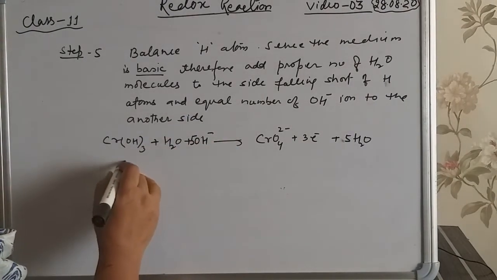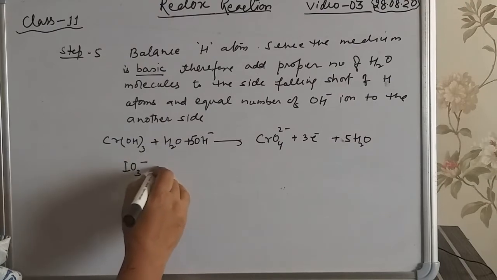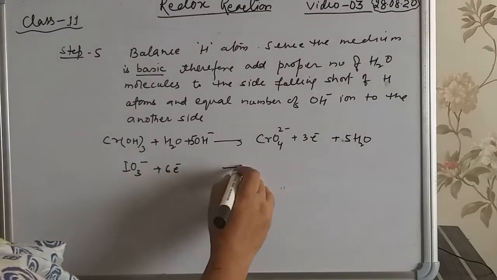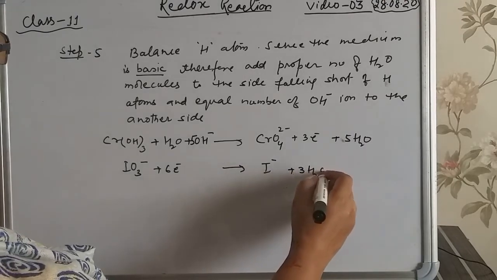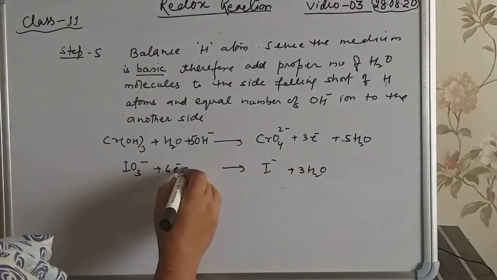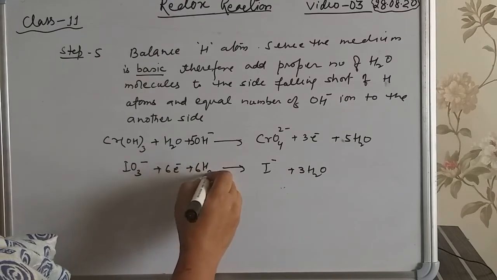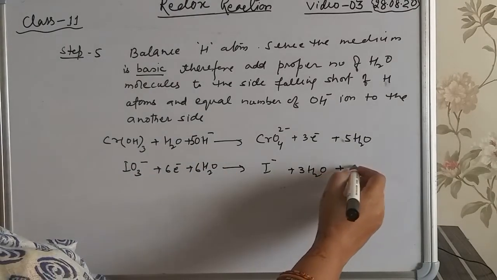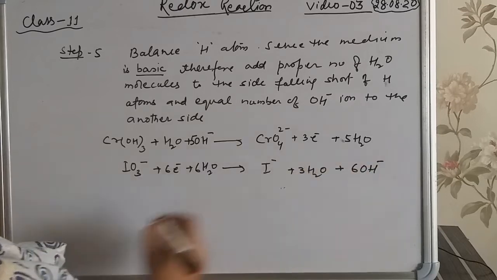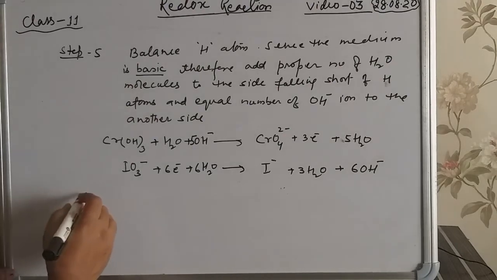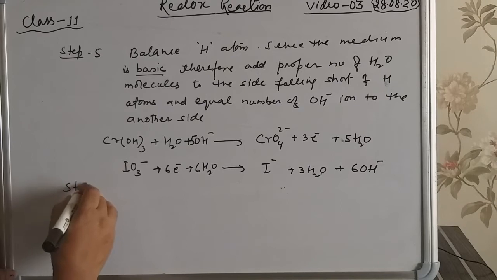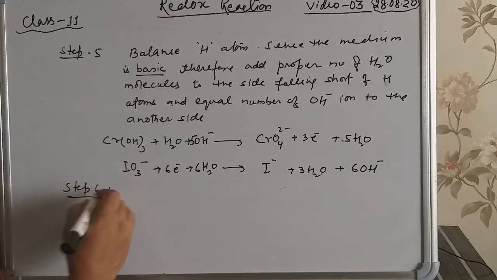In the case of IO3 minus plus 6 electrons gives I minus plus 3 H2O, so add 6 H2O on this side and 6 OH ions on this side. In this way we can balance the hydrogen atoms. The last and important step, step 6.